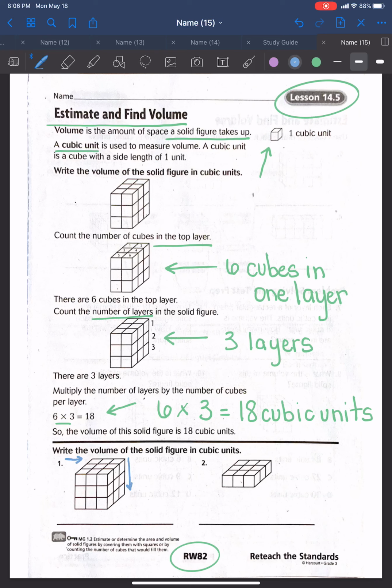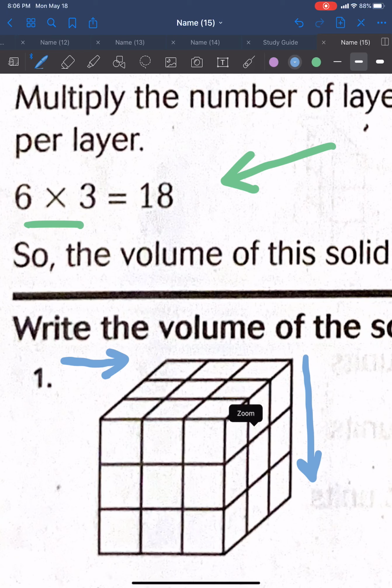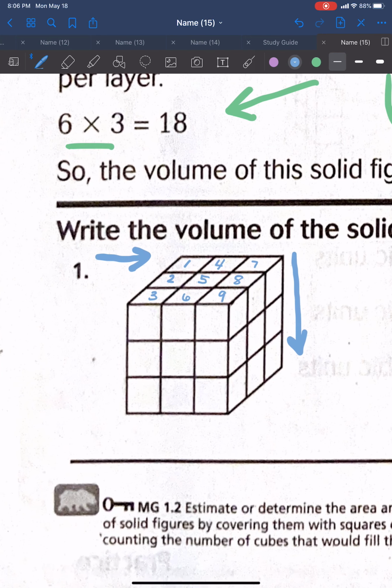We see that in 1 layer there is 1, 2, 3, 4, 5, 6, 7, 8, 9. So in 1 layer, there are 9 units.